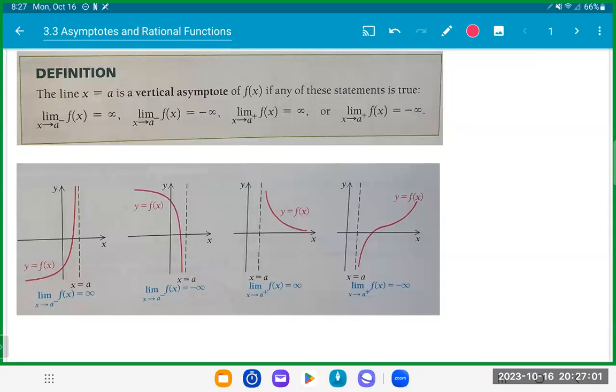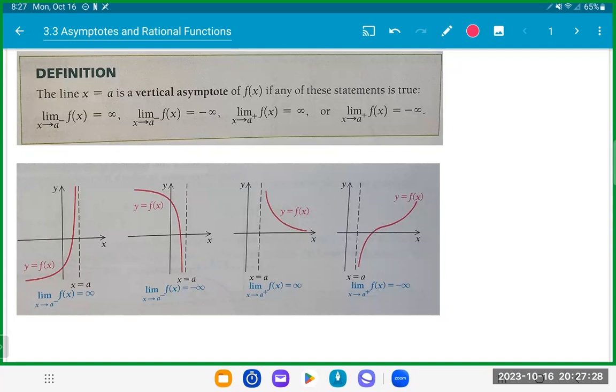So things to keep in mind, the graph of a rational function never ever crosses a vertical asymptote. If the expression that defines that rational function is simplified, it means that there are no common factors other than 1 or negative 1.